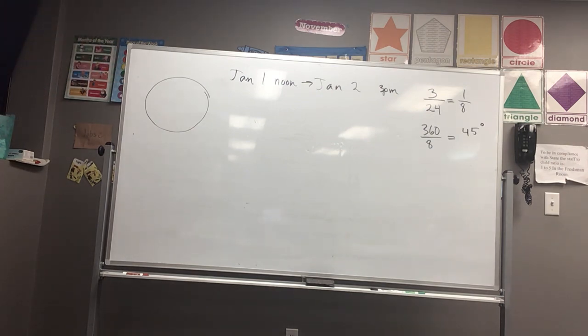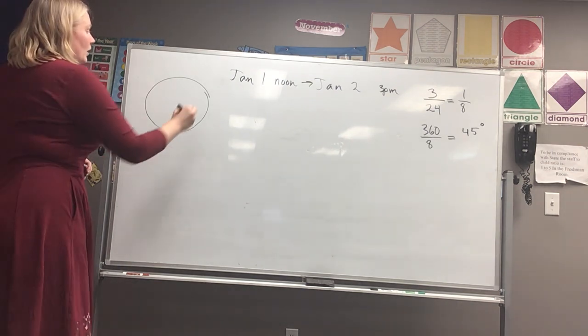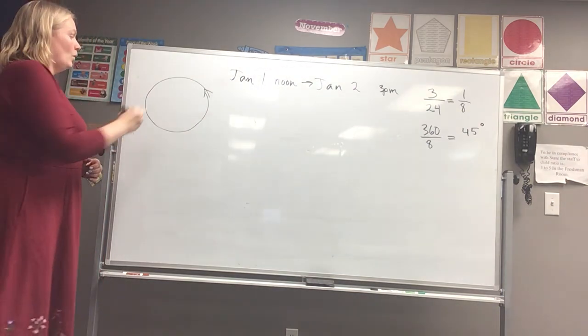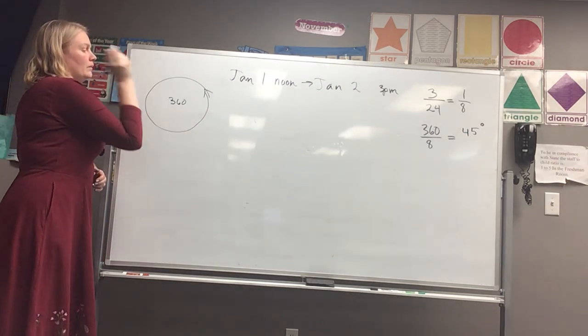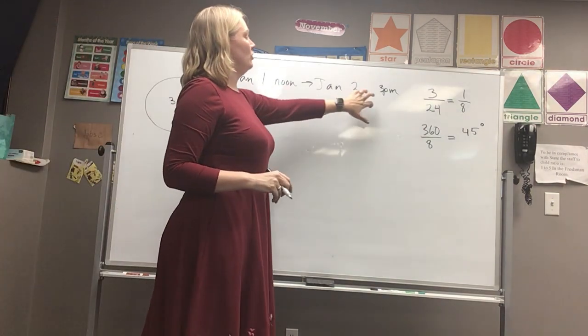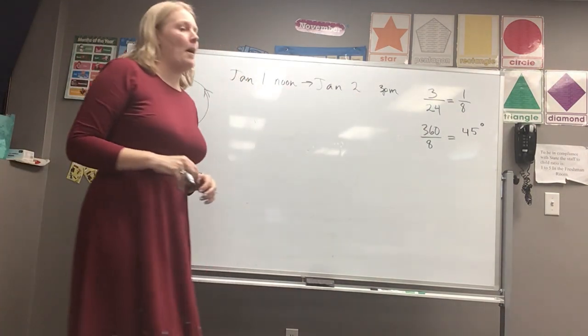There is tiny variations, but not enough to talk about. So in 24 hours, it makes a complete circle around, or 360 degrees. But we are talking about January 1st at noon to January 2nd at 3 p.m.